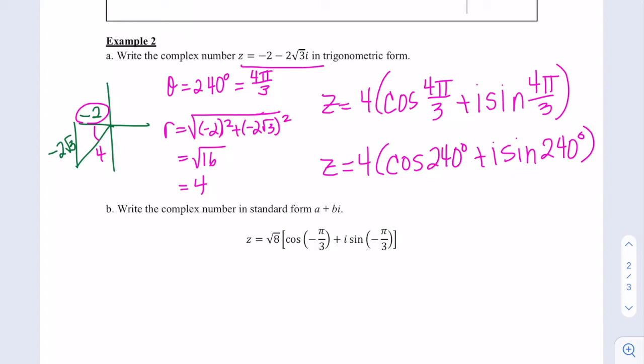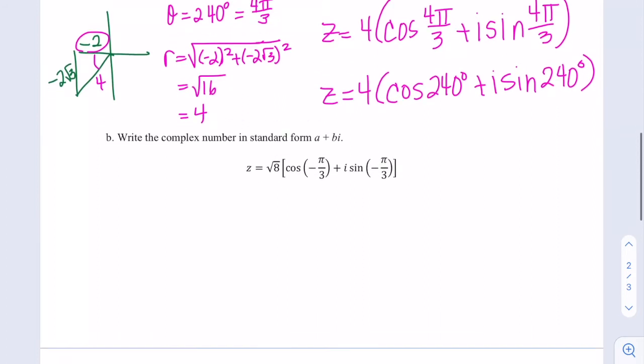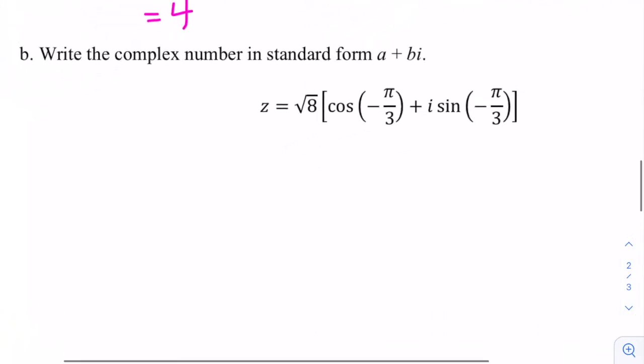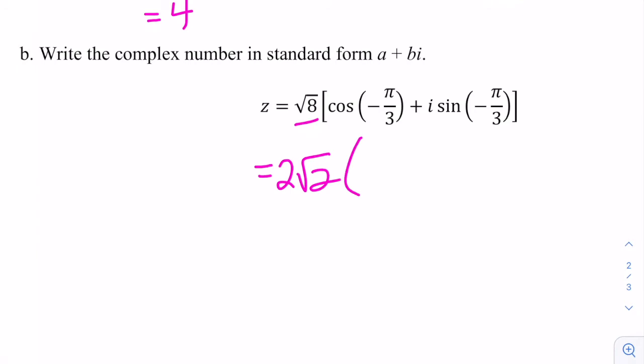Now, writing the complex number from trigonometric form is probably a little bit easier. You just have to simplify. Okay, so here we have positive square root of 8. I'm just going to rewrite that as 2 root 2. And then cosine of negative pi over 3, well, that's going to be the same as 5 pi over 3, right?